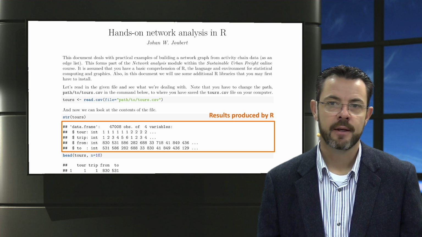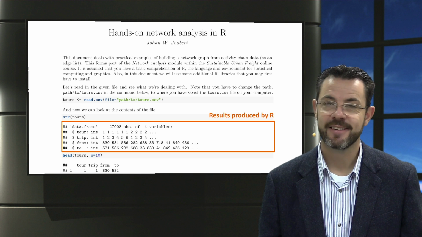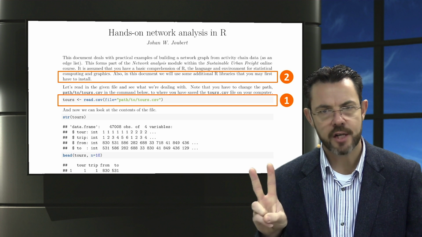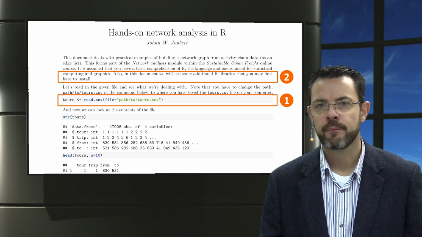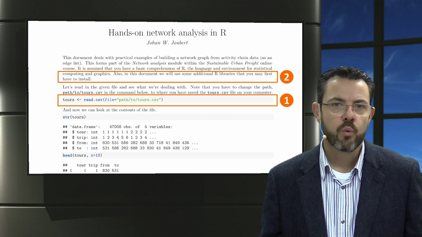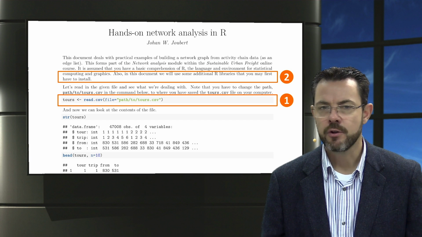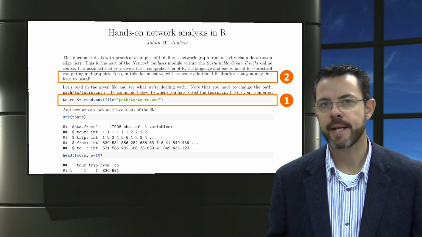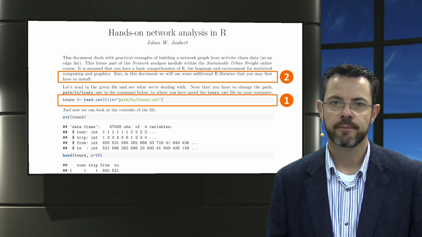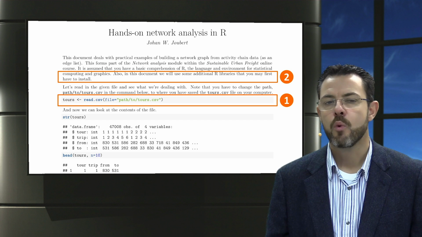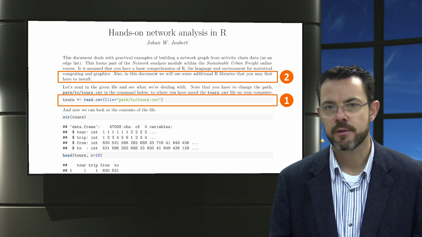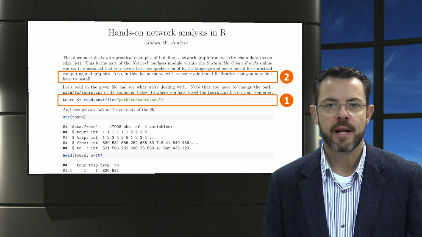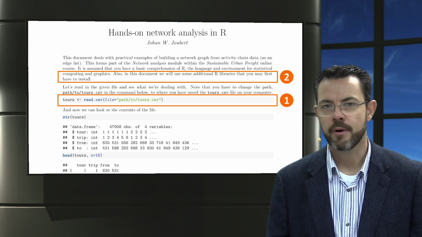Now, it's time to get your hands dirty and start working through the PDF file. Two last comments. Firstly, note where you save your data file to, because when reading it in, you'll have to provide R with the correct path to the file. Secondly, we note at the start of the document that you will use some additional R libraries that you may not have installed on your computer.